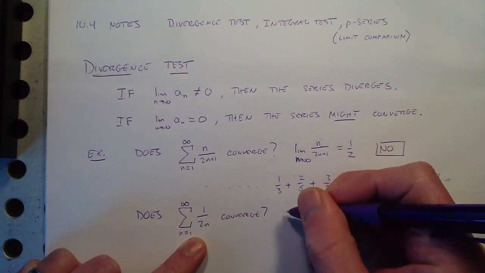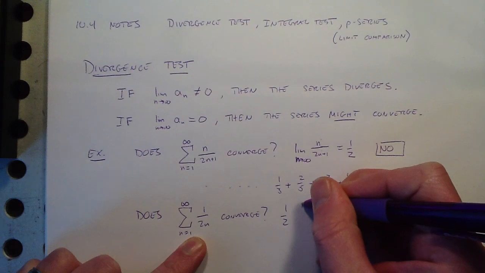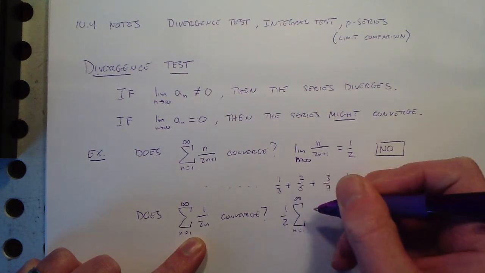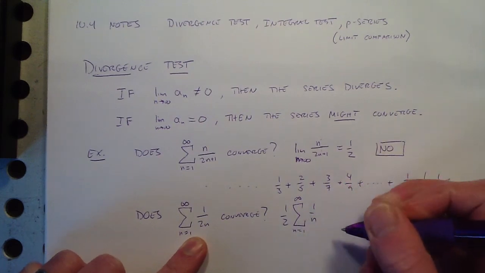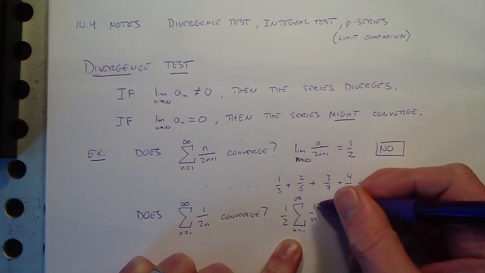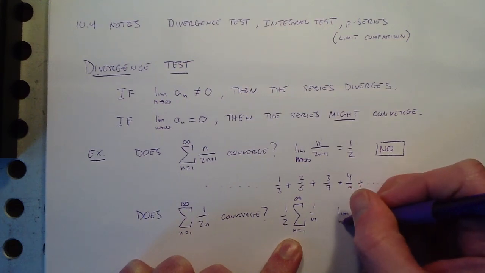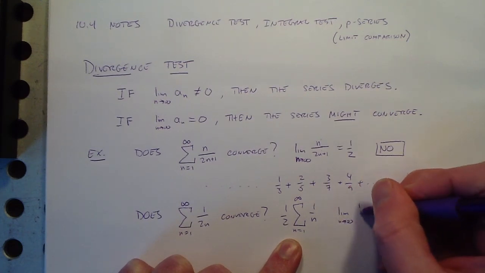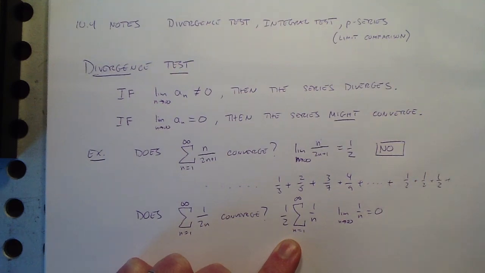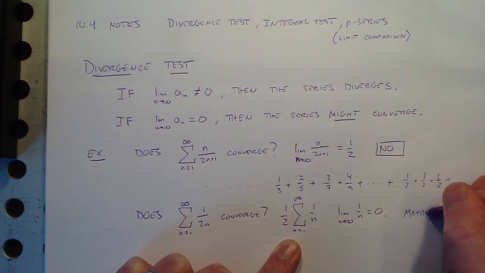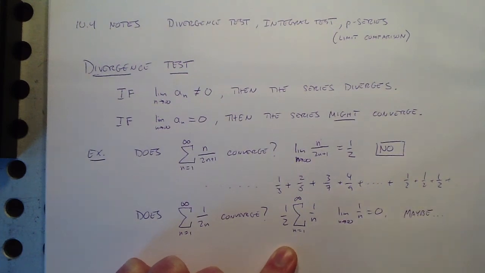That's the same as 1/2 times the sum from n equals 1 to infinity of 1 over n. And the limit as n approaches infinity of 1 over n is equal to 0, right? So we would say maybe it didn't fail.